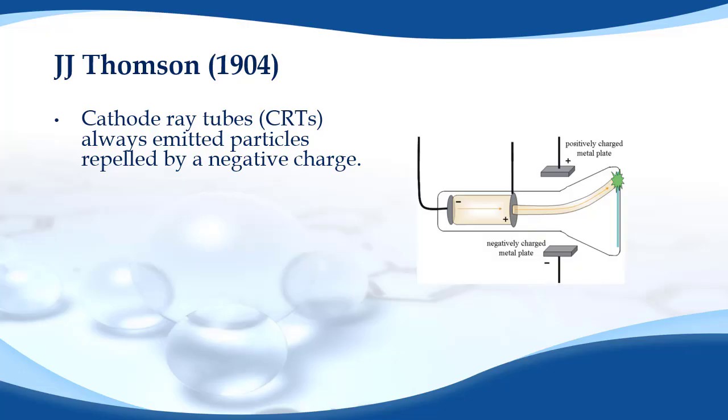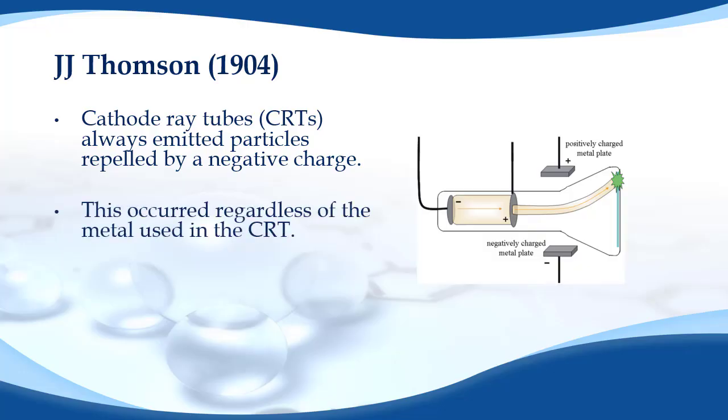The idea behind a cathode ray tube is that if you put electricity through the cathode ray, it produces a particle. Now, what Thomson recognized is that this particle is repelled by negative charges. So if it's repelled by negative charges, the particles coming out of this cathode ray tube also have to be negatively charged.